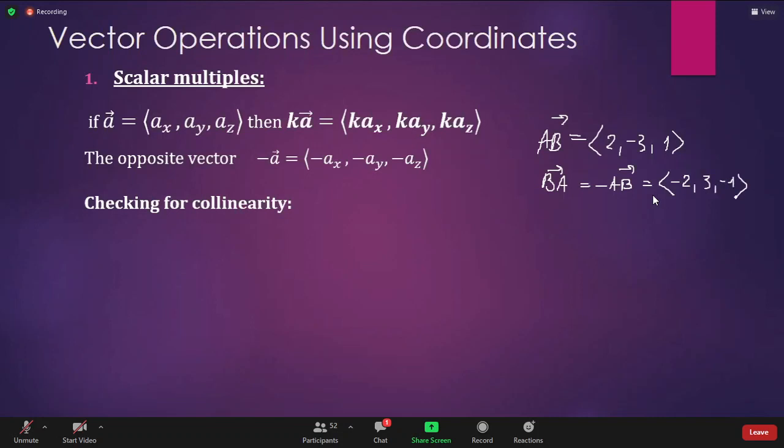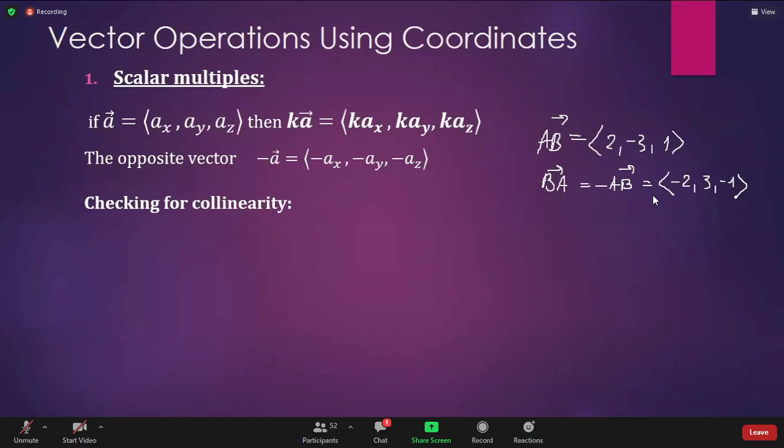So if you have a vector computed, writing the opposite vector is very easy. Simply change the signs of the coordinates. You don't have to compute it fresh from the points. That's very useful for practical purposes when we do computations with vectors.